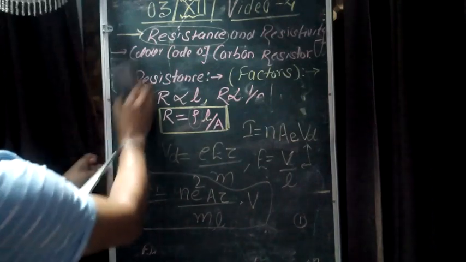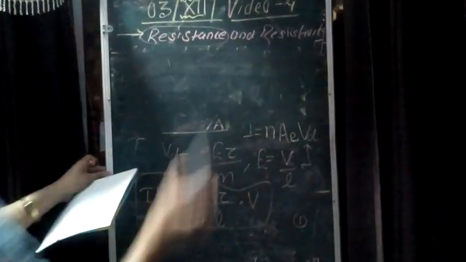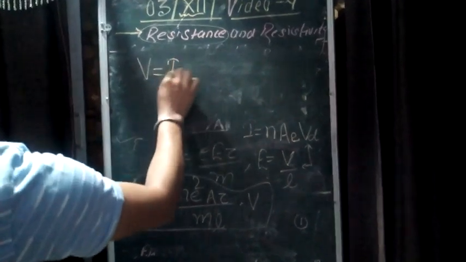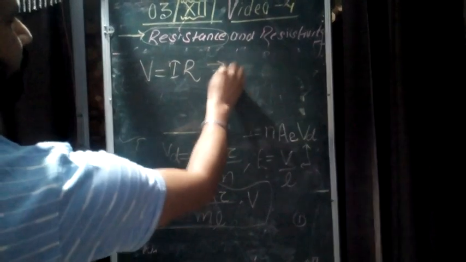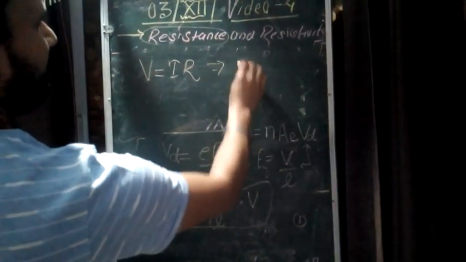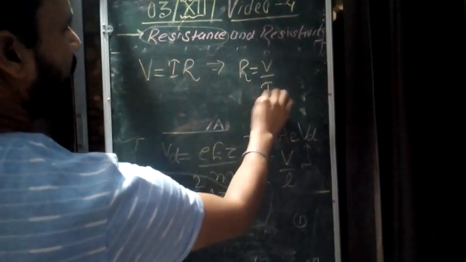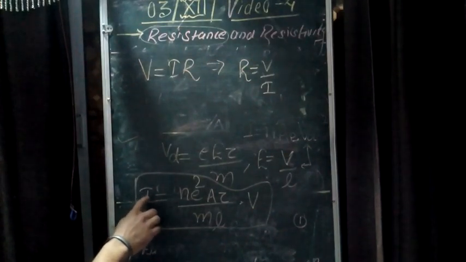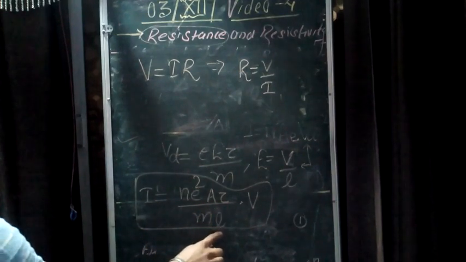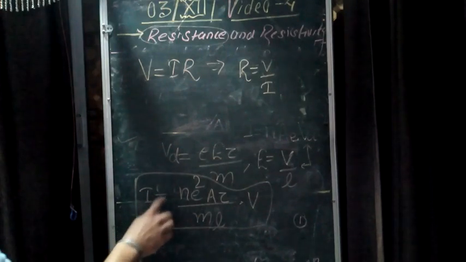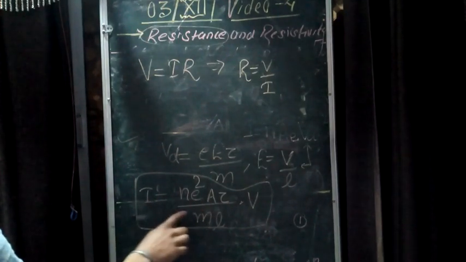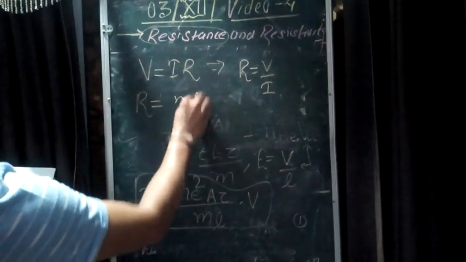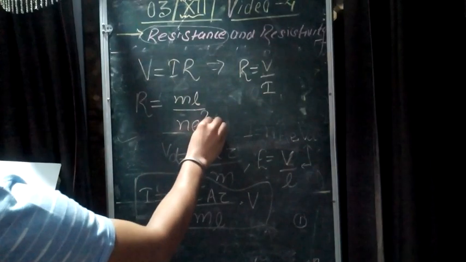Now, in the next step, if we take V is equal to IR, then R is equal to V upon I. Then if we take the value of I into account, that is I is equal to n e square A τ upon mL into V, finally we will reach the conclusion that R is equal to mL upon n e square A τ.